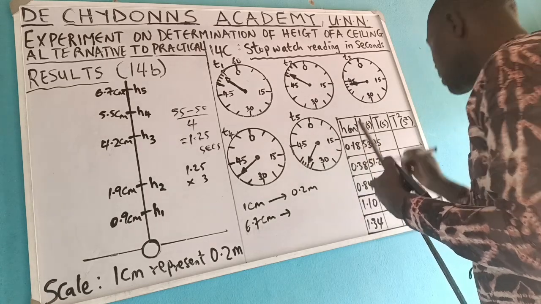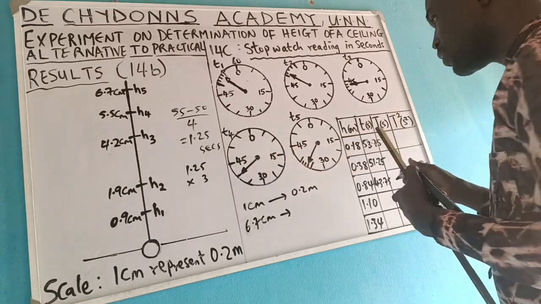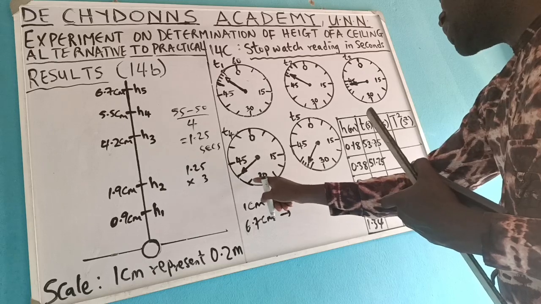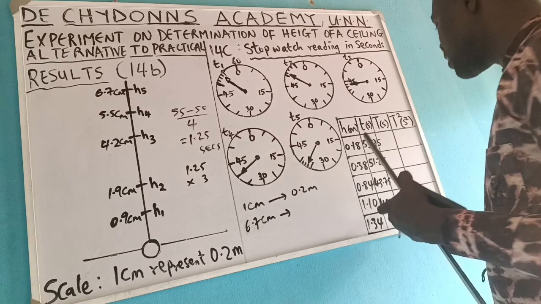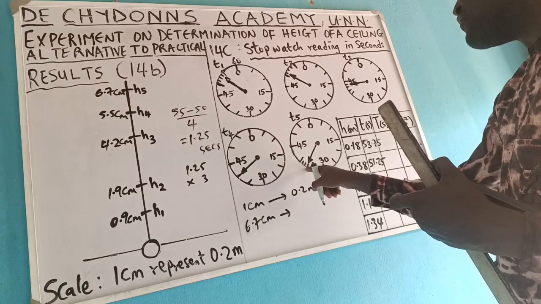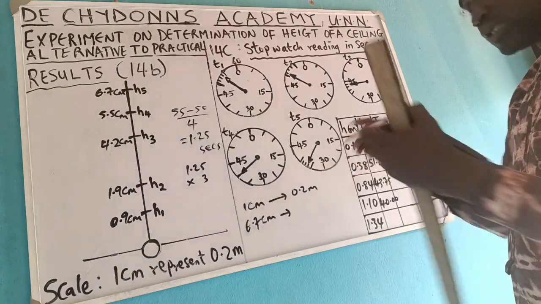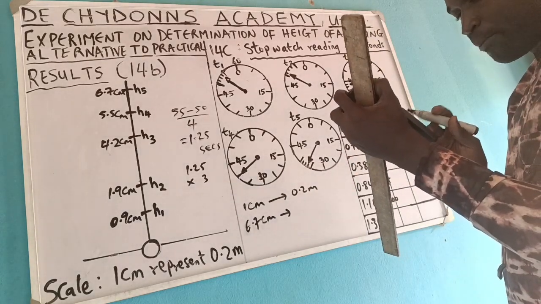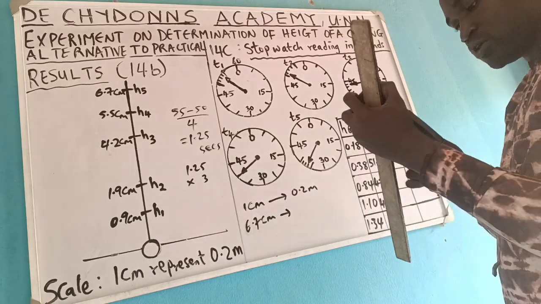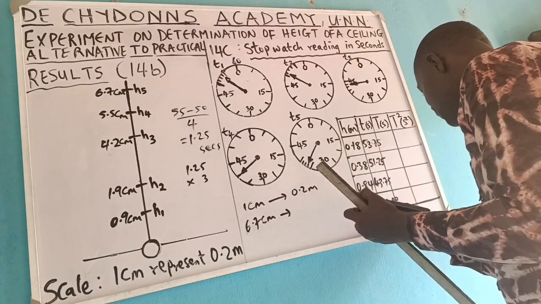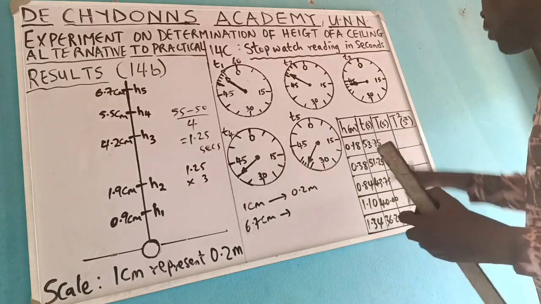Then the next one falls at 40, so 40.00. Then for the next one, it falls at the first small line after 35. You say 35 plus 1.25, because it is only 1 after 35. So that gives 36.25. Then we have gotten our T.